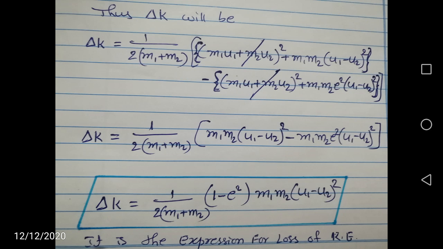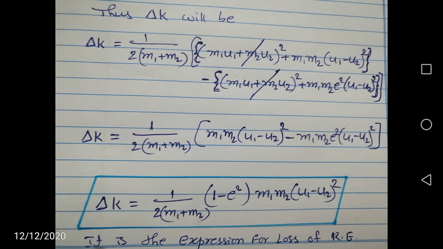Thus, delta K can be written as delta K equal to 1 by 2(m1 plus m2) into [(m1 u1 plus m2 u2) whole square plus m1 m2 (u1 minus u2) whole square minus (m1 u1 plus m2 u2) whole square minus m1 m2 e square (u1 minus u2) whole square].